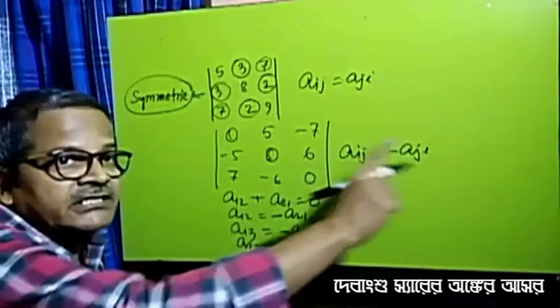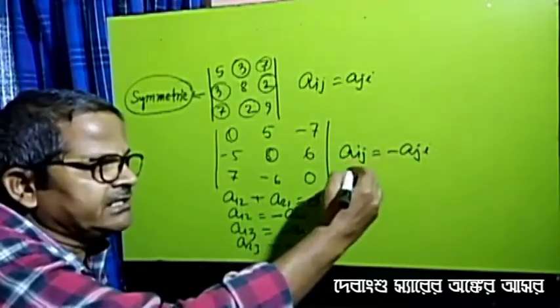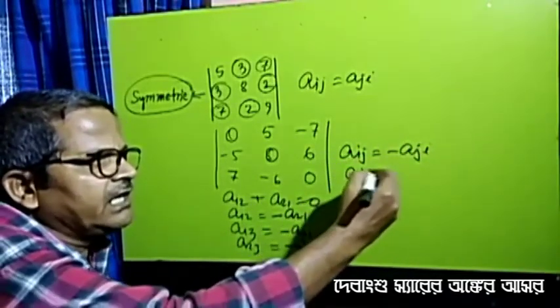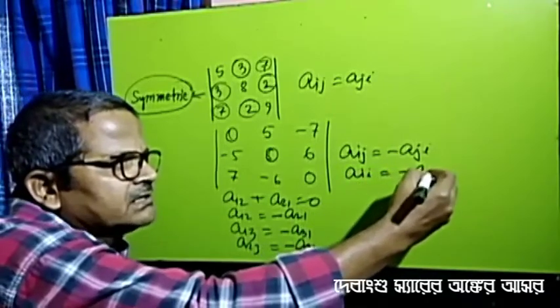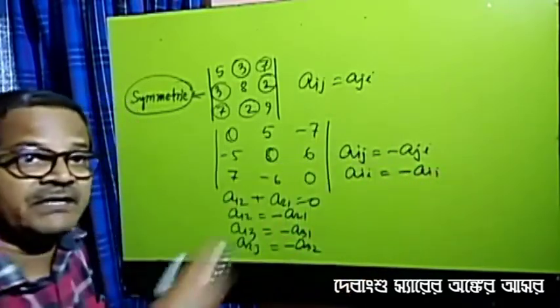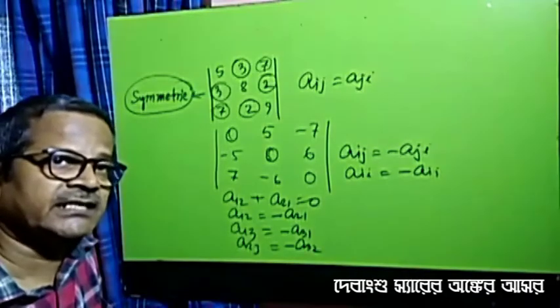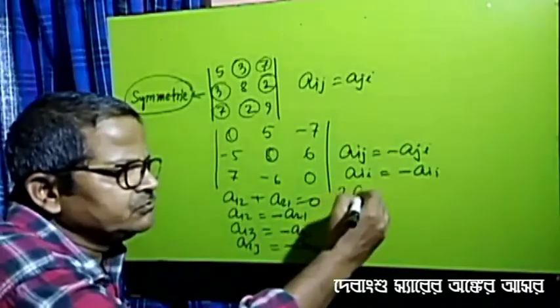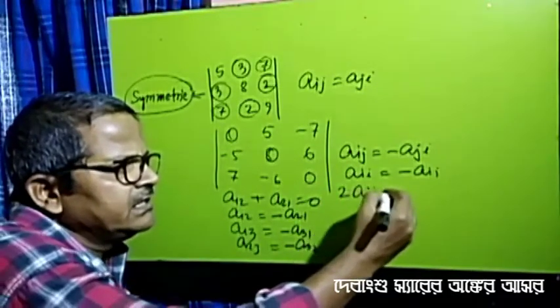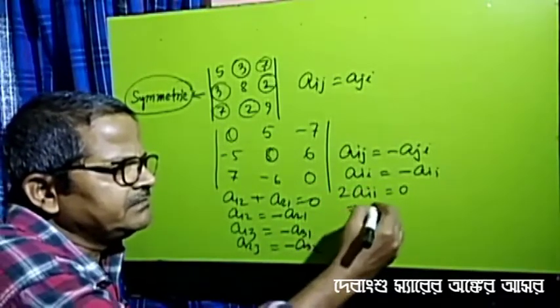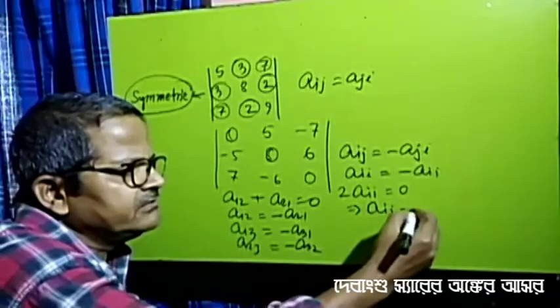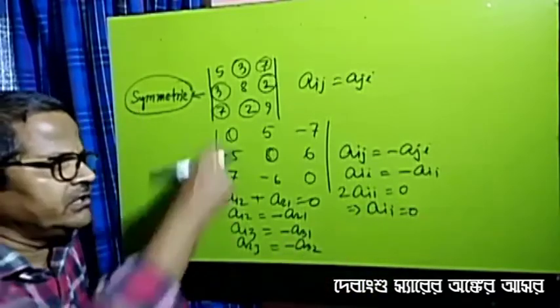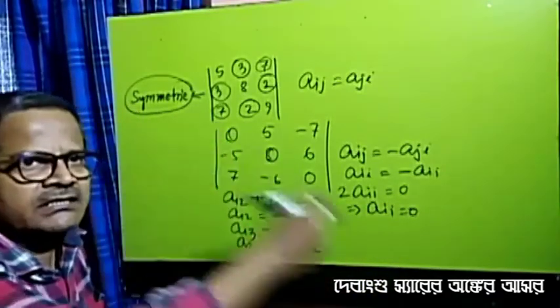And since in case of diagonal elements i and j are equal, Aii is equal to minus Aii. If I replace j by i for diagonal elements, i and j are equal. So that implies 2Aii equals 0, which implies Aii equals 0. That's why all the diagonal elements are 0.